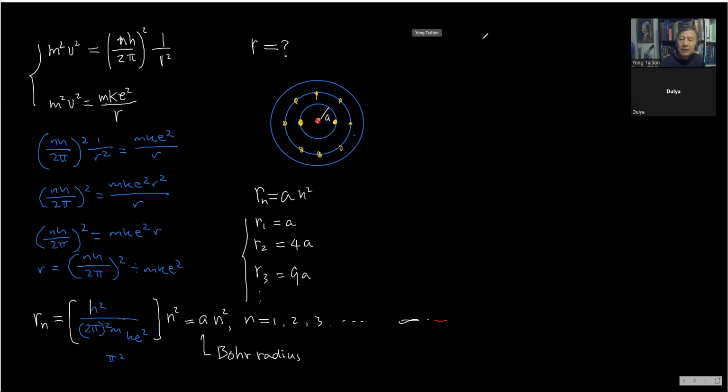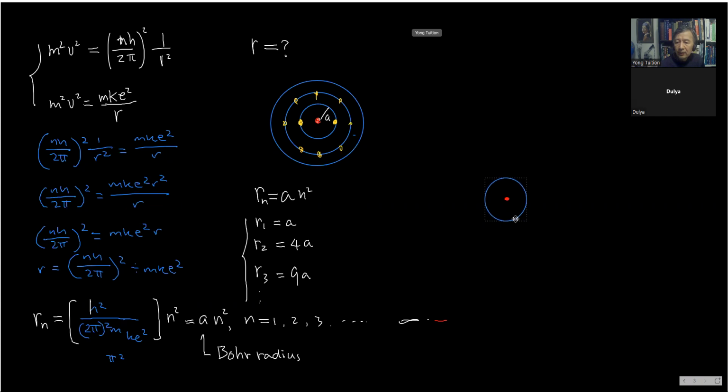So according to this Bohr formula, the Bohr model, if that is a proton, can you see? If we use a proper scale for the Bohr model, the diagram will look like this. So this is the first shell.